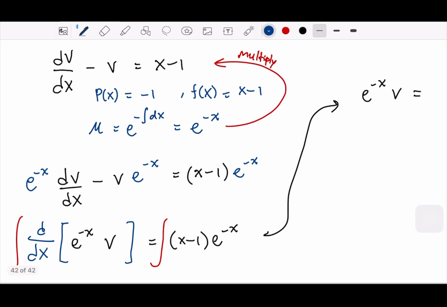This is x e^(-x) minus e^(-x), right? And I think we could take integration by parts, right? We can integrate by parts.